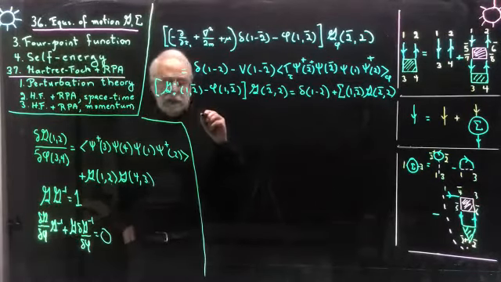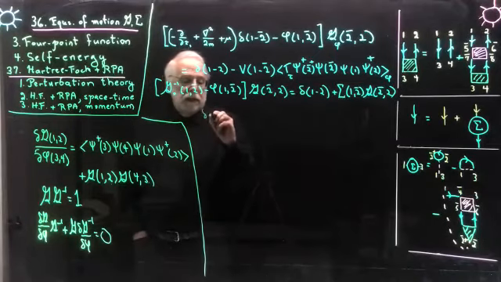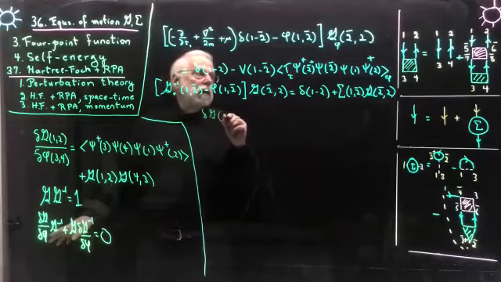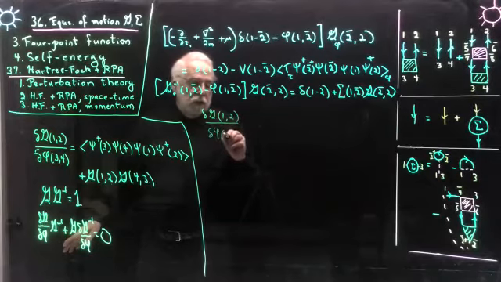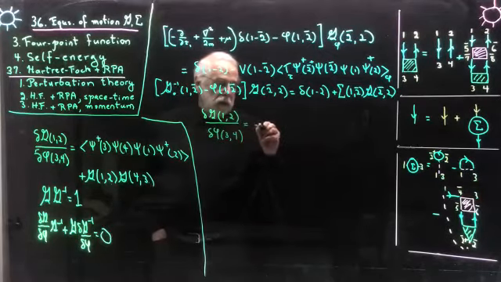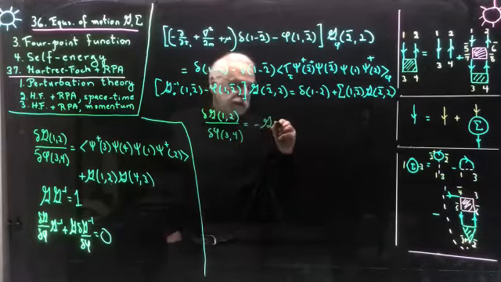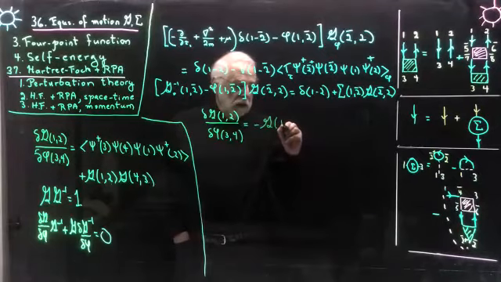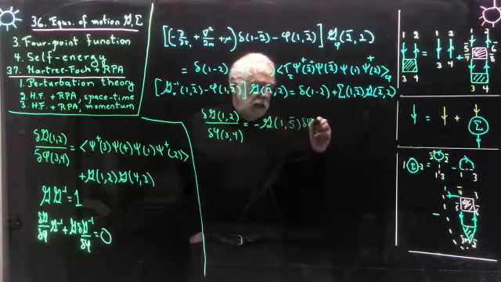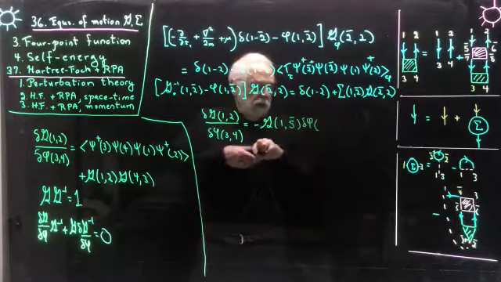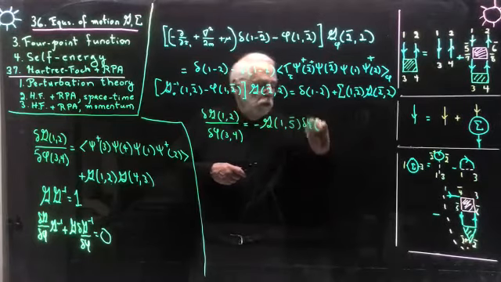So it means that I can write delta G 1, 2 delta phi 3, 4 is equal to minus G 1, let's say, 5 bar, delta phi of... well, let me go a little bit more slowly.